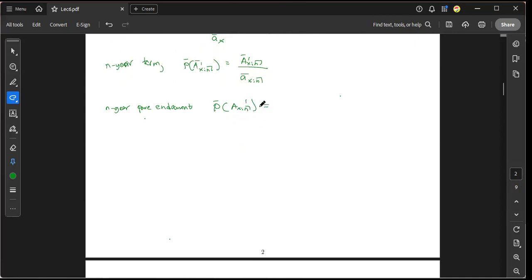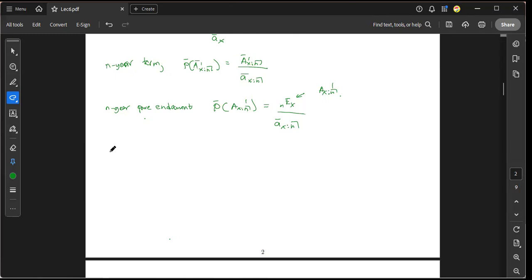Since the pure endowment is one payment, no matter whether it is discrete or continuous, we have only one case. We don't have any bar about that. So the present value of the pure endowment is this for n years. This is same as this. And the premiums are being paid continuously for n years, and that's why we have this notation.